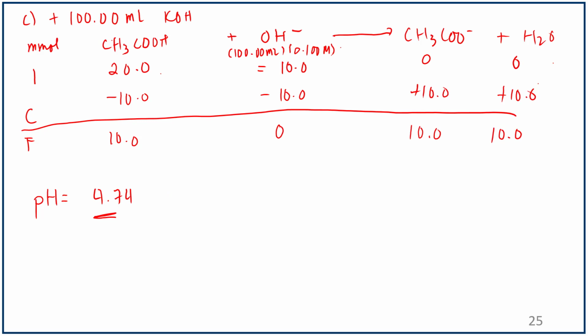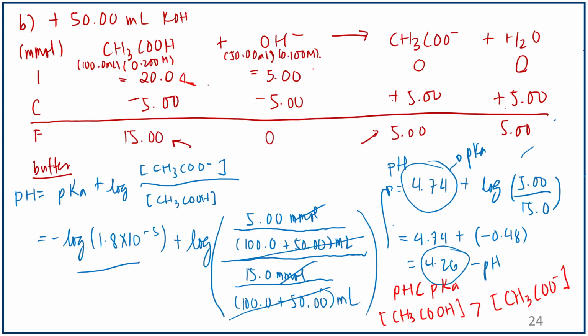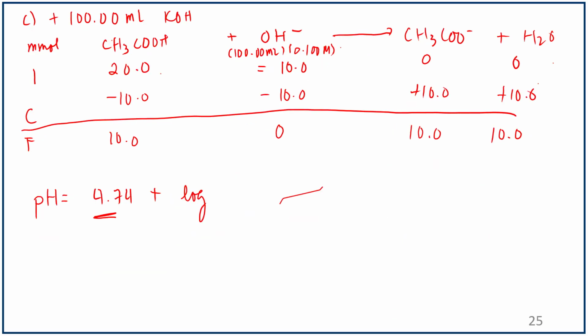This again was calculated from the previous slide. Then that will be plus log of, we established earlier that we can proxy millimoles for the concentration, using the argument that we have derived here. So that's going to be log of 10.0 millimoles of acetate divided by 10.0 millimoles of acetic acid. Notice that this ratio is equal to 1.